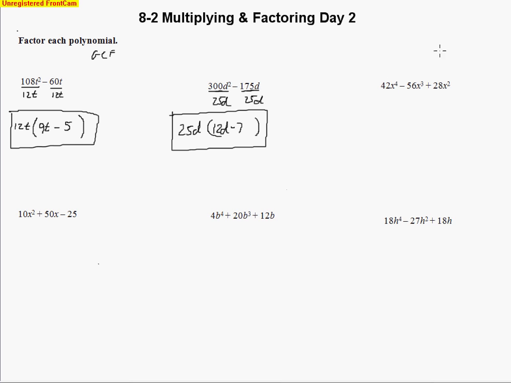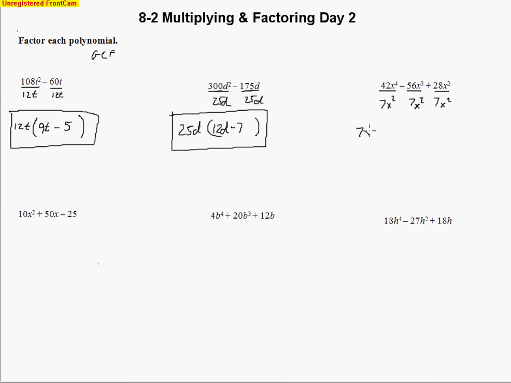Moving back over to this one, I can go ahead and take out the common factor. I see 7 goes into each of these terms, so I'll pull out a 7, but I can also pull out 2 x's, because the monomial with the smallest degree here is x squared, and that's what I'm going to pull out, the variable term from that.